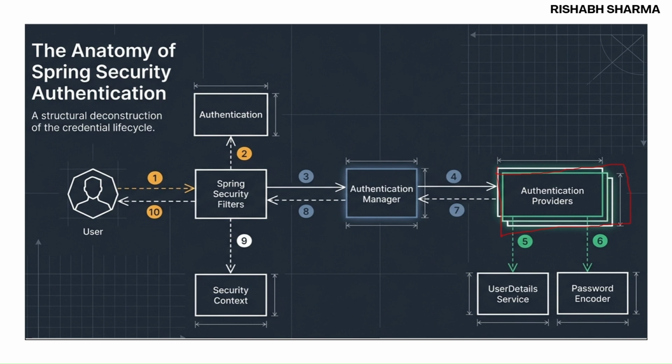So the question is, why do we even need a custom authentication provider? We have seen the DAO authentication provider does a fantastic job. It loads up your user details service implementation and handles the password comparison with the password encoder seamlessly.